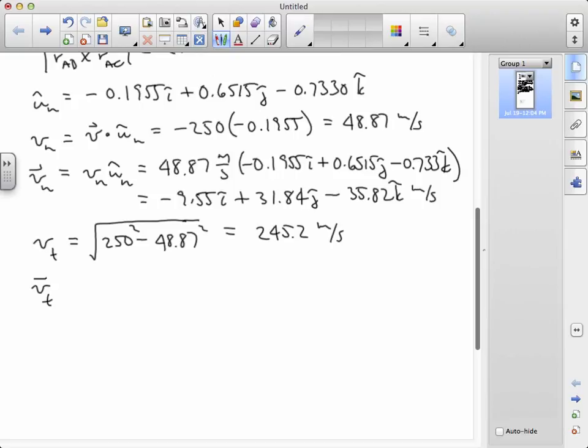The tangent velocity vector is the difference between the velocity vector and the normal component, and that ends up being minus 240.5 I minus 31.84 J plus 35.82 K meters per second.